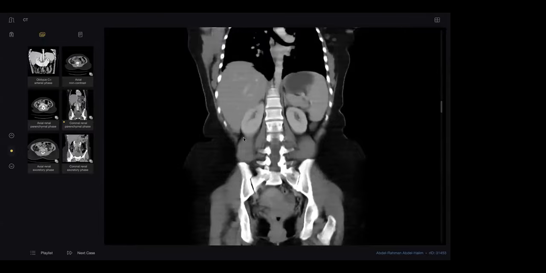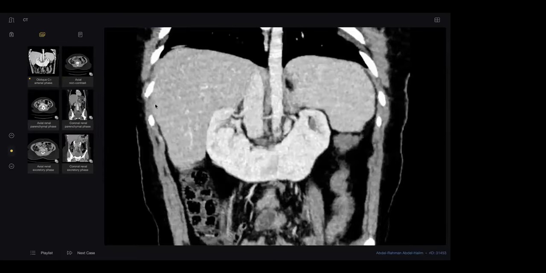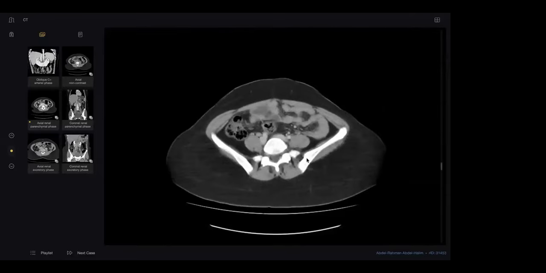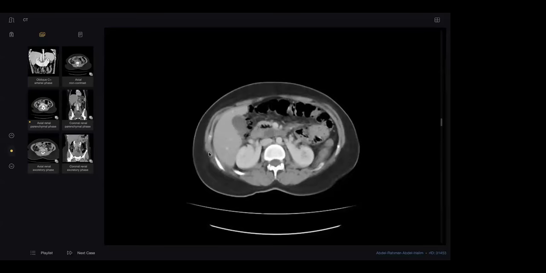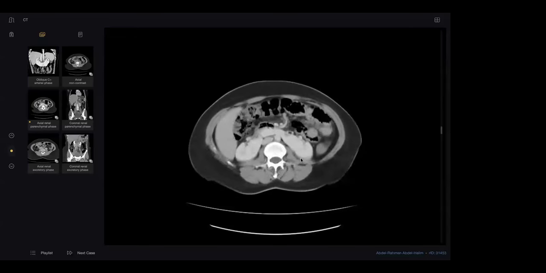What's fascinating about the human body is that we study anatomy, but actually everyone is different. Everyone has variations of normal. This is the captured scan. I want you to pay close attention to the kidneys. This is the right kidney. This is the left kidney. And if you follow it down, what happens?